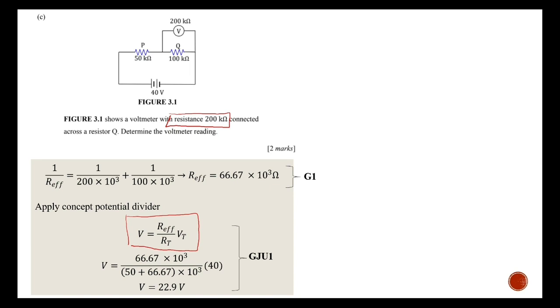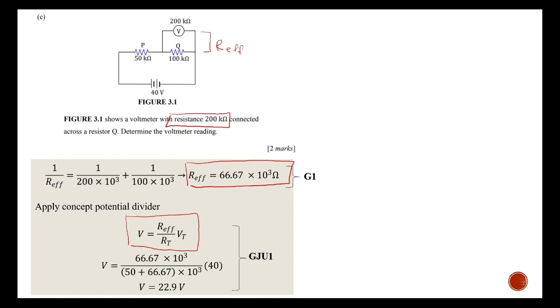So 1 over 200 plus 1 over 100 will give you the R effective, which is 66.67 times 10 to the power of 3 ohms. This is the R effective for RQ and the voltmeter.